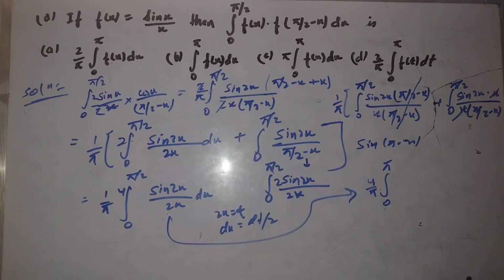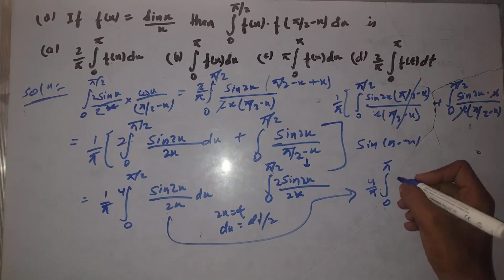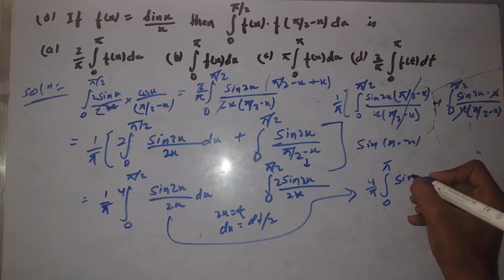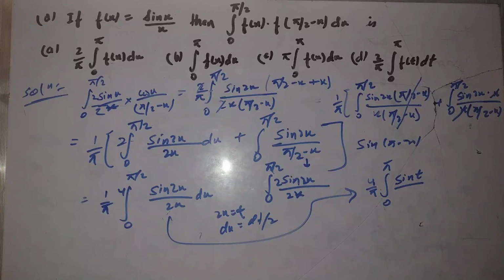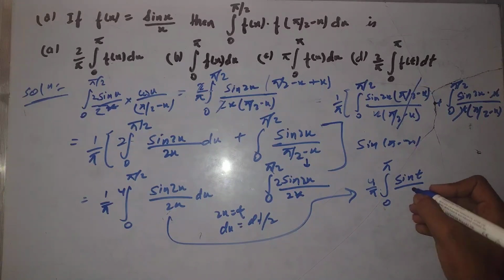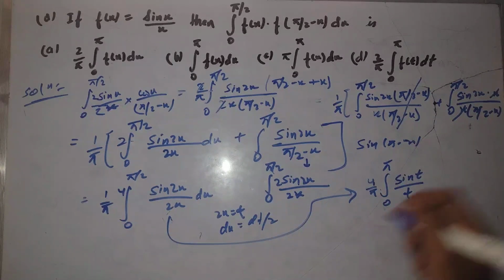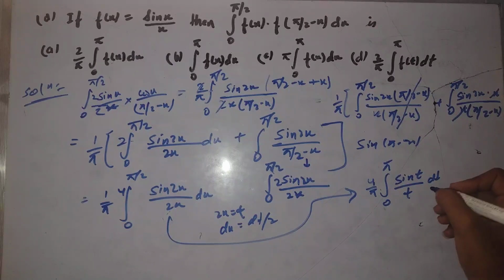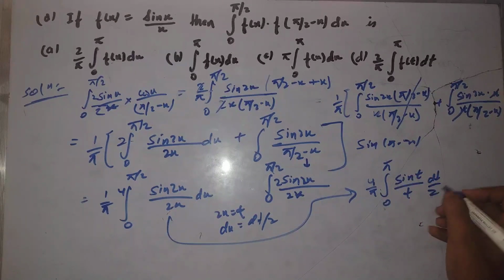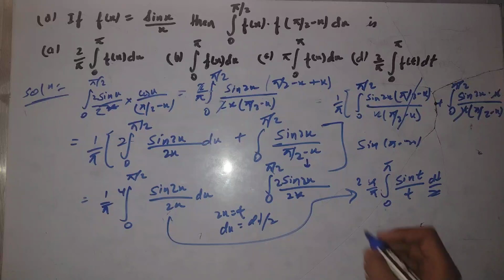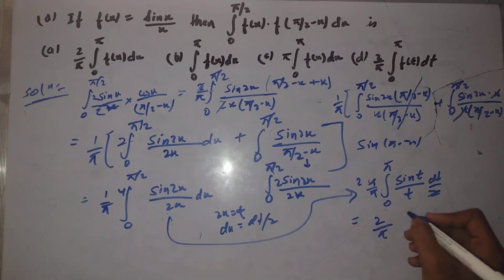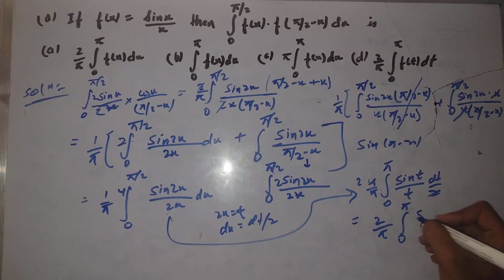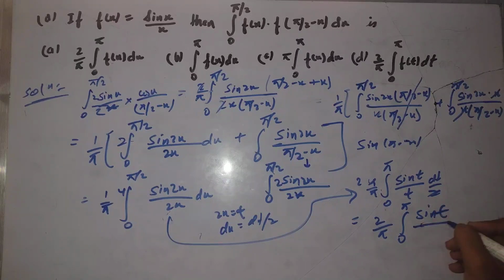So this becomes 4 by pi, integral of sin t upon t, where 2x is t and dx becomes dt by 2, and this 2 cancels with the other. So this finally becomes 2 by pi, integral 0 to pi, sin t upon t dt.